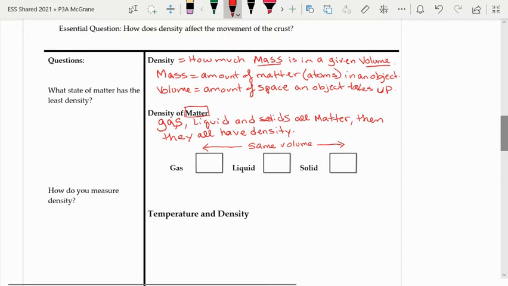So does gas have more or less atoms in that same space? Easton. Right. So let's go ahead and just put some matter in there, but not a lot. Now, liquid is more dense, but not as dense as solids. So liquid is going to have more atoms than gas. And solid is going to have the most amount of matter.